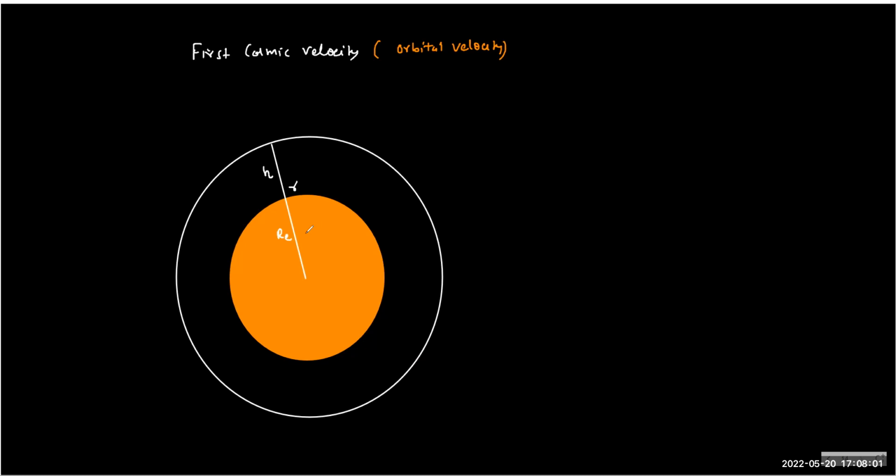So to derive the orbital velocity, orbital means the object is moving around the planet. The satellite is in orbit, moving around the planet in a circular path. So why is the name first cosmic velocity? Okay, we come to this.